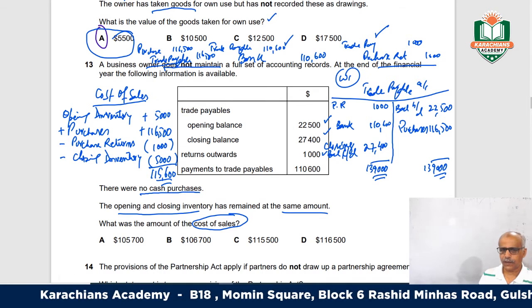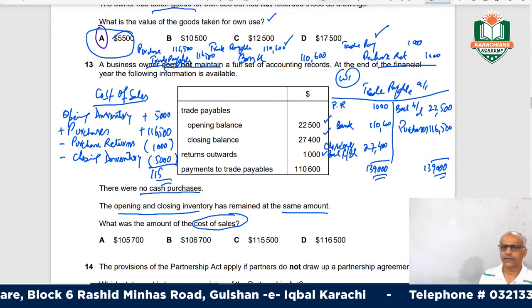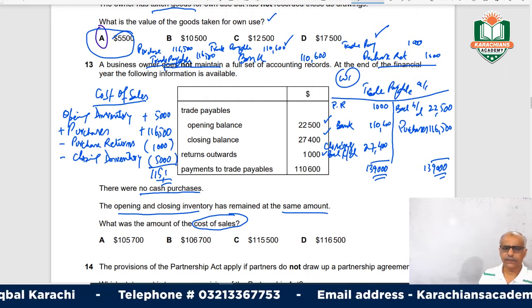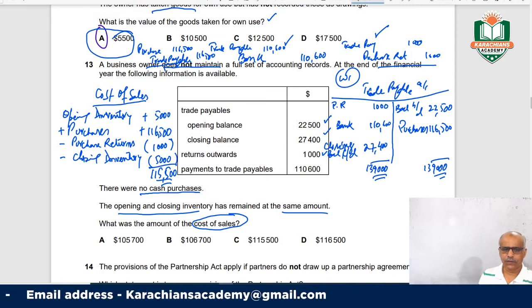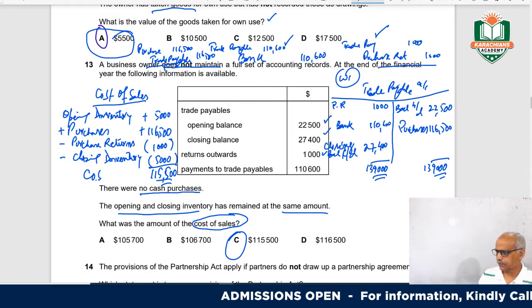Sorry, 116,500 minus 1,000 is 115,500. So this will be your cost of sales: 115,500. Your answer will be C, right?